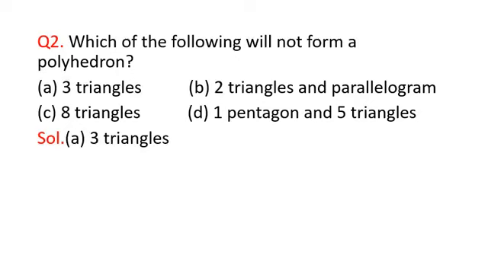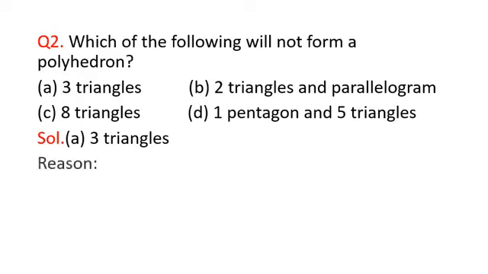Using 3 triangles it is not possible to form a polyhedron because at minimum we need 4 triangles, and the triangular pyramid is the example. So we can have a minimum of 4 triangles, or more than that, but with 3 triangles we cannot form a polyhedron.